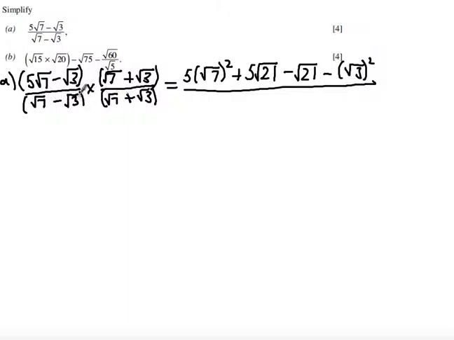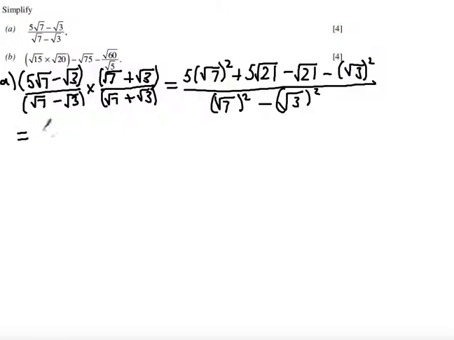Now on the bottom, we're going to do difference of two squares, so we're going to get root 7 squared minus root 3 squared. Remember what happens with the other terms. I get root 7 times plus root 3 gives us a plus root 21, and minus root 3 times root 7, which gives us a minus root 21.